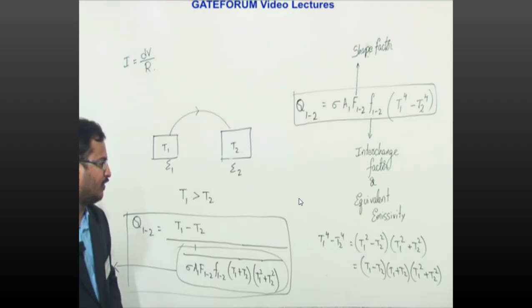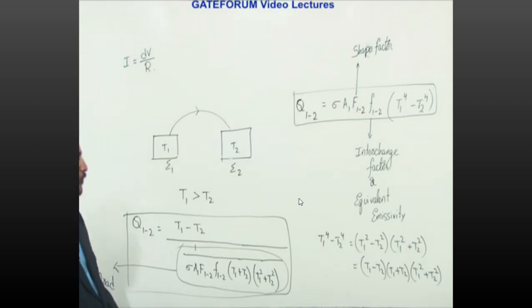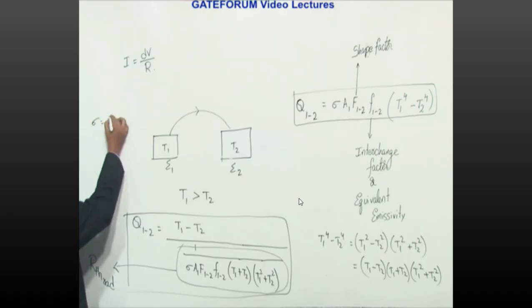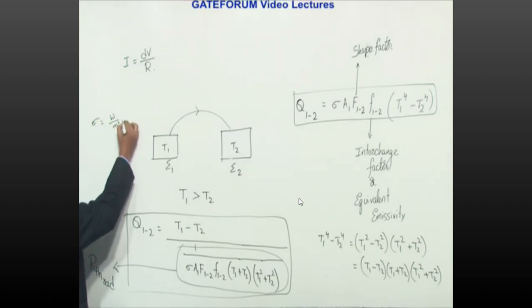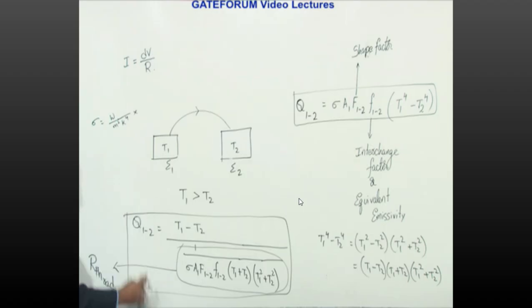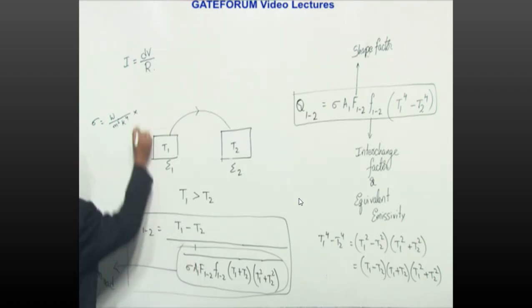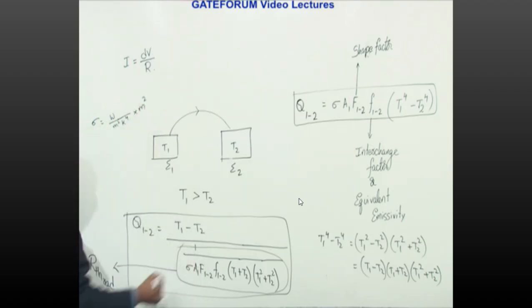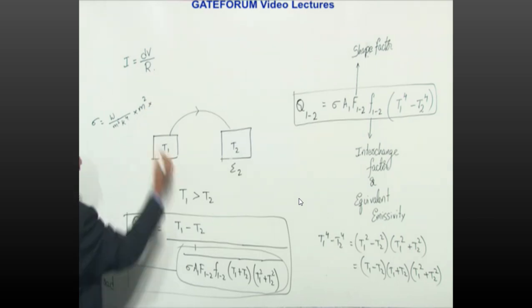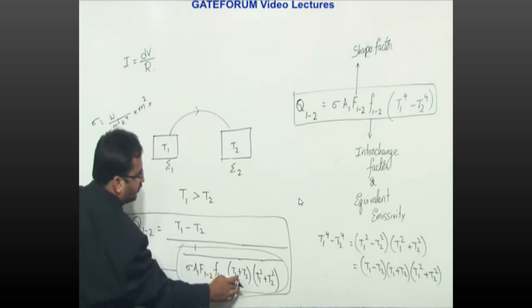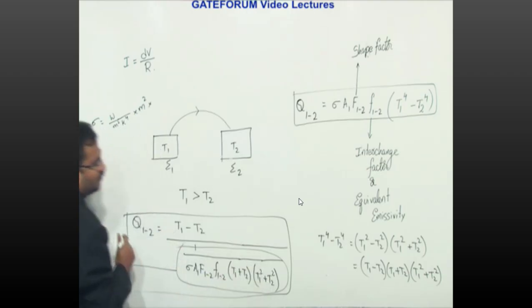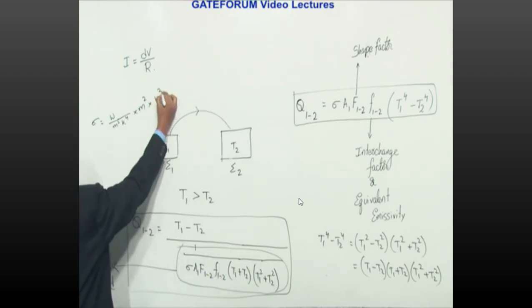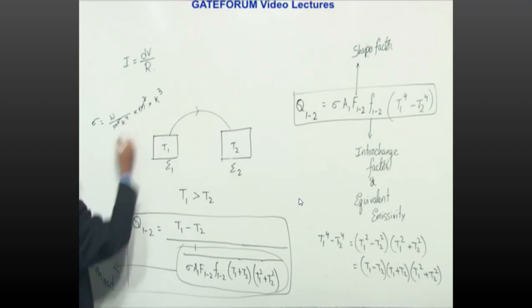The unit of sigma is watt per meter square Kelvin power 4, multiplied by area, whose unit is meter square. For the factors we don't have any units; this T1 plus T2 will be in terms of Kelvin and this one will be in terms of Kelvin square. So you will have Kelvin cube, and this gets cancelled with the Kelvin power 4.